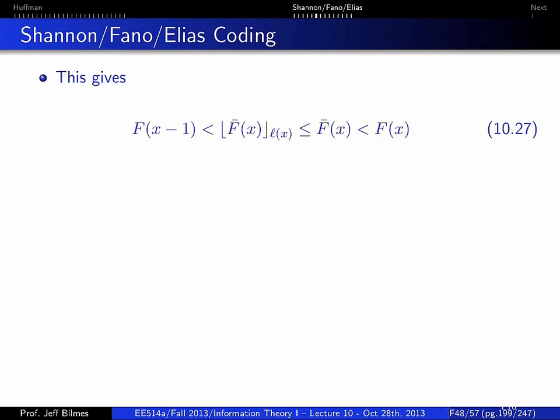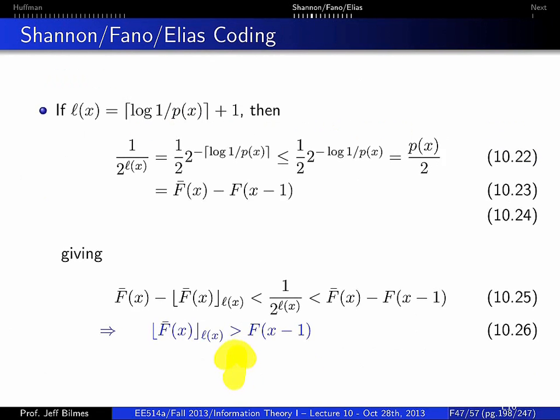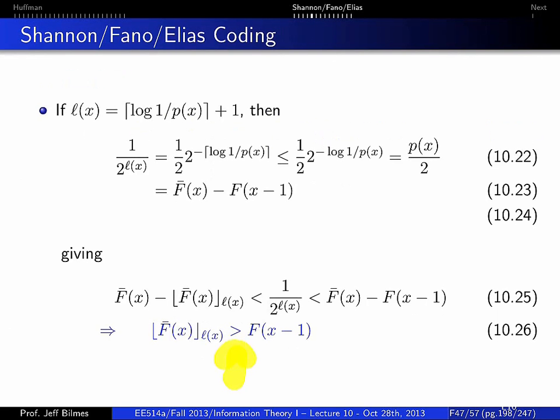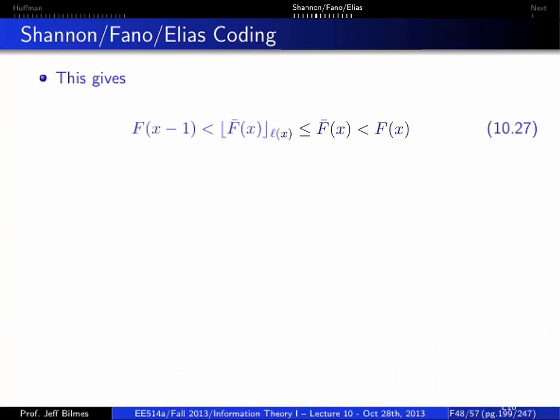I think I've got a picture here. So here's basically the picture. We have that f bar of x, which comes from equation 10.26, and we have this, which says that the truncated f bar of x is going to be greater than f of x minus 1, which is this part here.